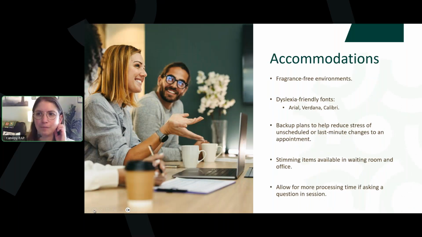All right, some additional potential accommodations: fragrance-free environments. Whether we are new or have been a clinician for many years, we have our own habits and our own needs in terms of our environment too, so it's about finding a balance and being aware of what that office space looks like, and of potential fragrances that could be detrimental or triggering for folks.